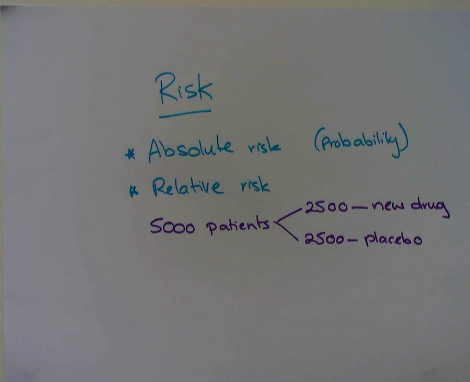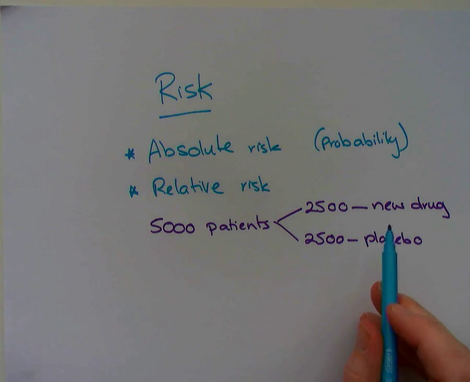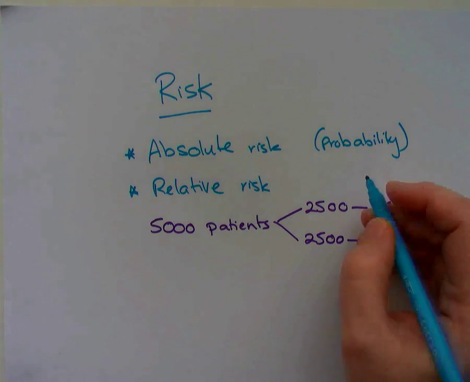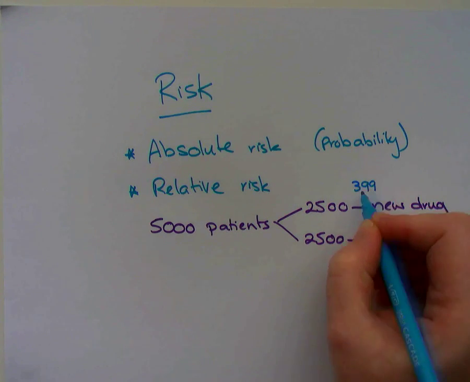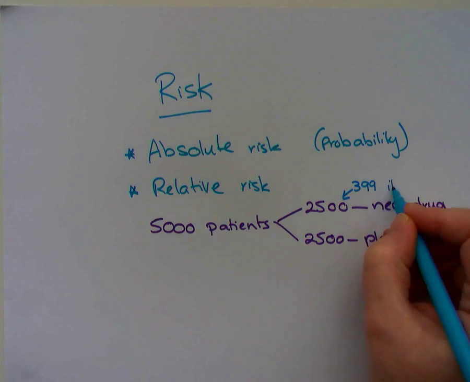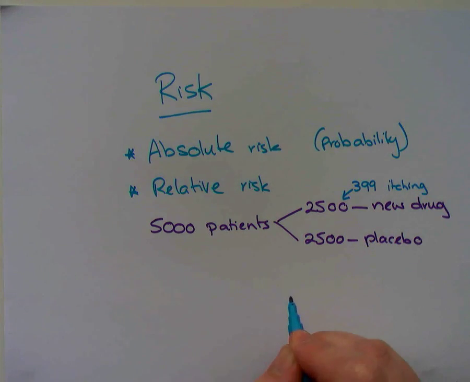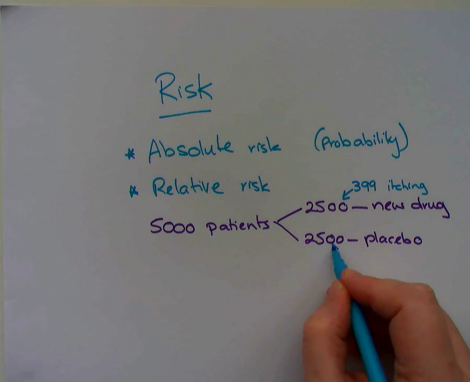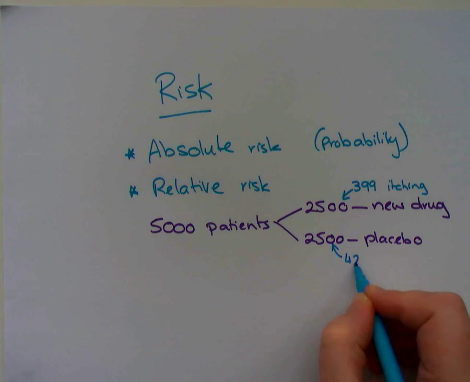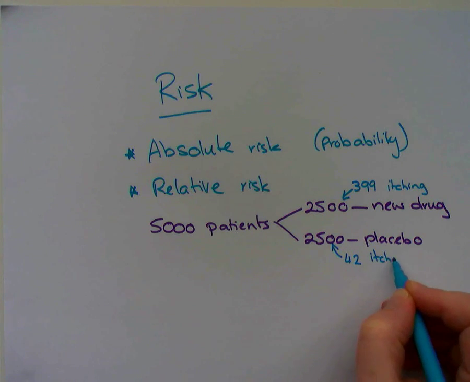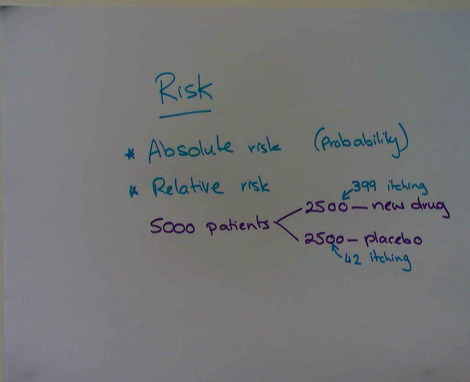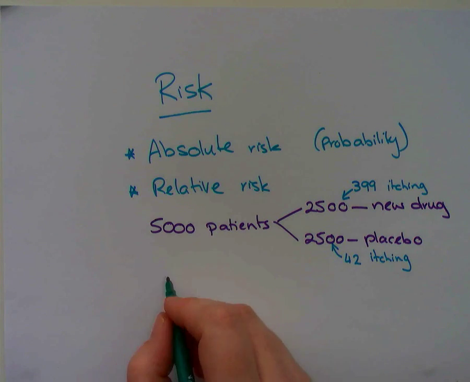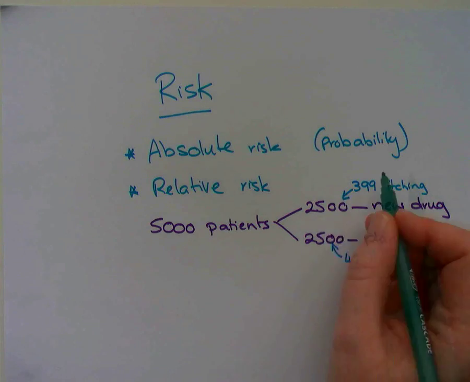We were told that of those given the new drug, 399 of that 2,500 reported itching as a side effect. From the placebo group, the second group of 2,500, 42 people reported itching. So we can calculate the probability of itching depending on the group.